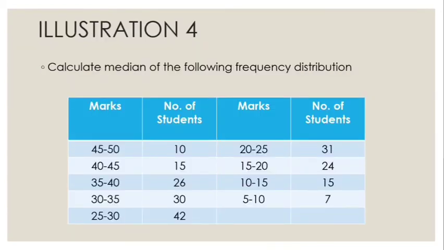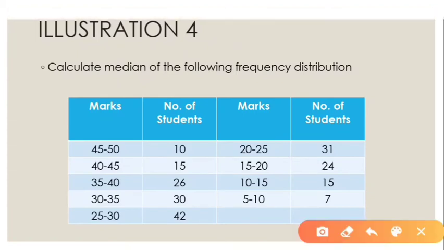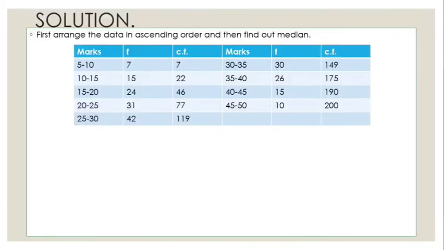Here we have to calculate the median. The marks are given to us and the number of students, that is the frequency. As you can see, this is not in ascending or descending order. So first we'll convert this data into ascending order. See, we have arranged the data here in ascending order, starting from the 5 to 10 interval, then 10 to 15 and so on.